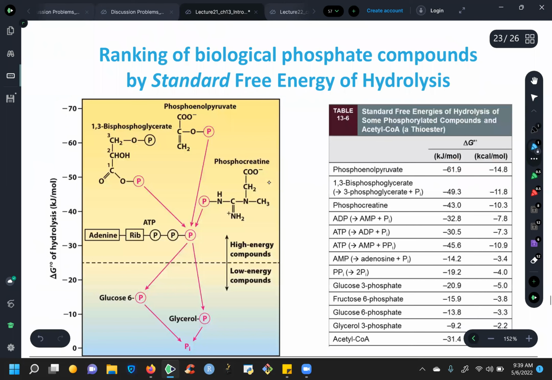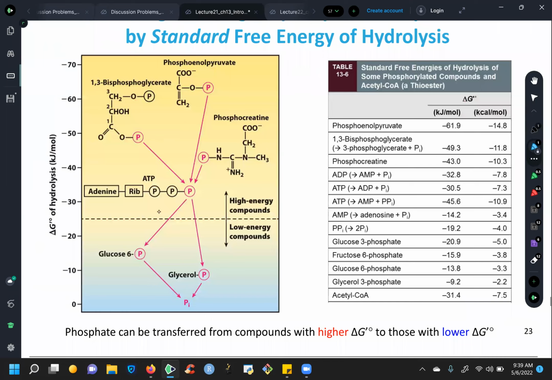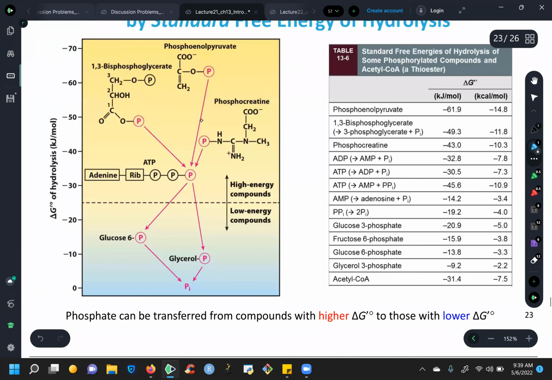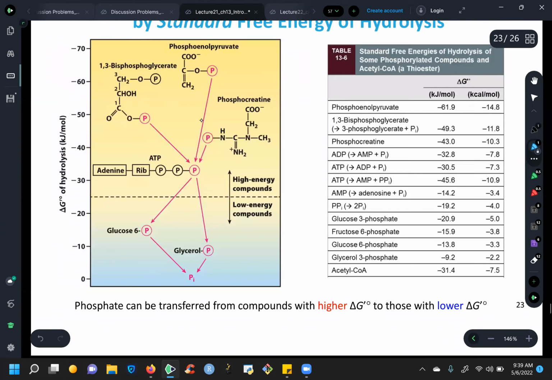Ranking of biological phosphate compounds by standard free energy change. I really like this graph because if you focus on this, we have the high energy compounds up on top and the low energy compounds on the bottom. The y-axis is the standard free energy change of hydrolysis.